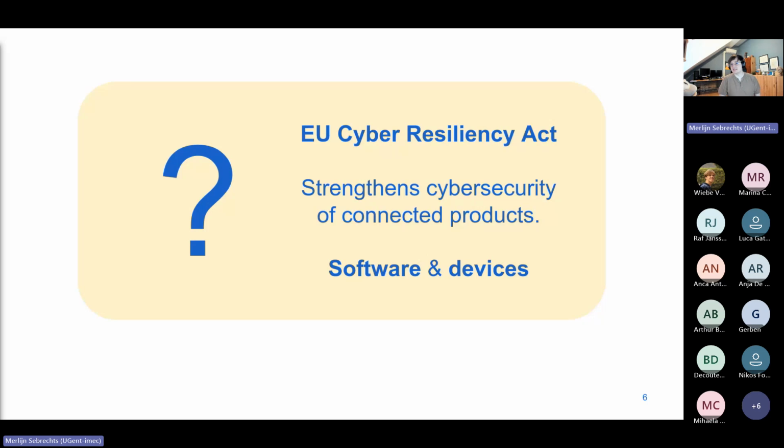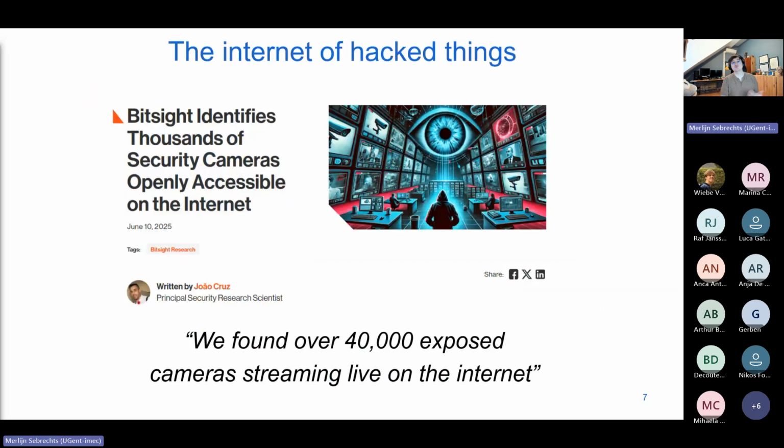The Cyber Resiliency Act, the goal is really to strengthen the cybersecurity of connected products in the European Union. This is for both software and devices. This is basically to solve the problem of the Internet of Insecure Things.